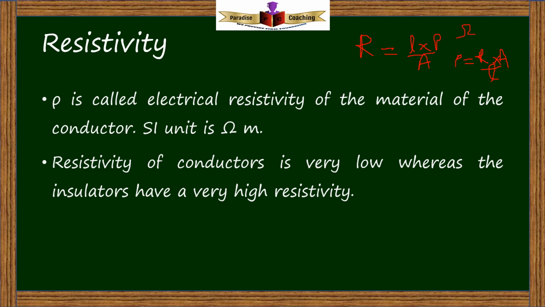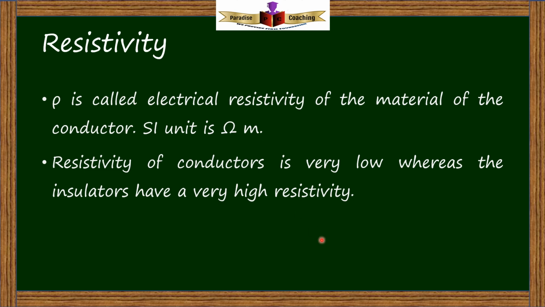For A, the SI unit for length is meter, so definitely area is the multiplication of 2 lengths, so meter square upon meter. And this meter will cancel one of the square, and the unit for resistivity comes to be ohm meter. So remember, there is a very important thing: the unit for resistivity is ohm meter, as you can see here also.